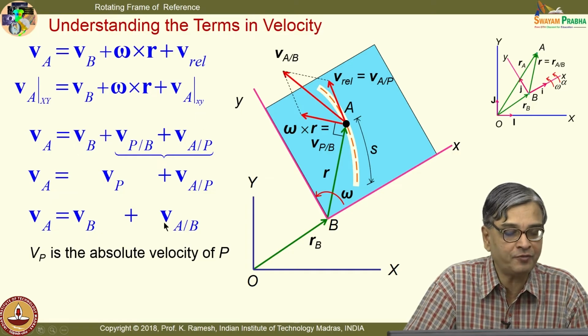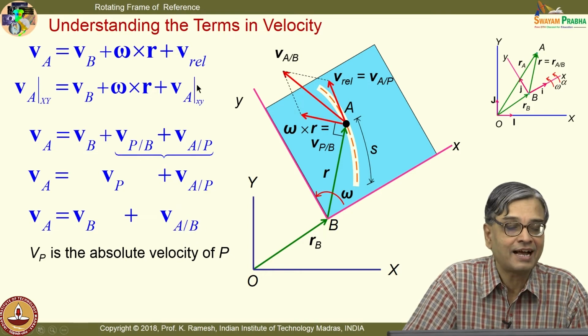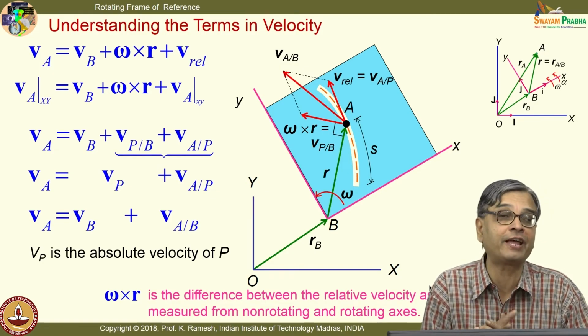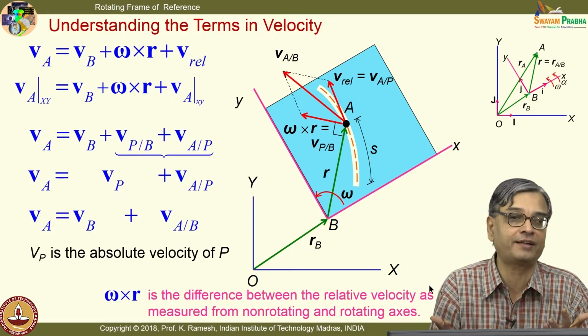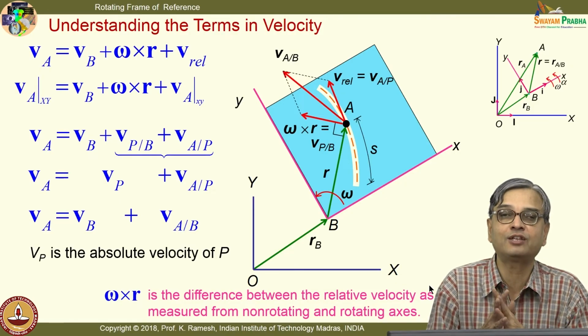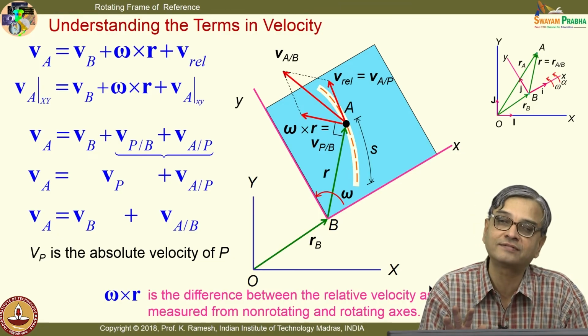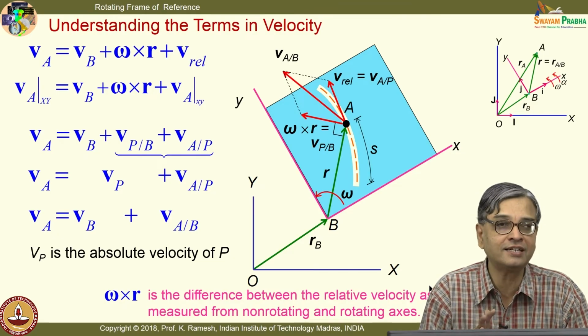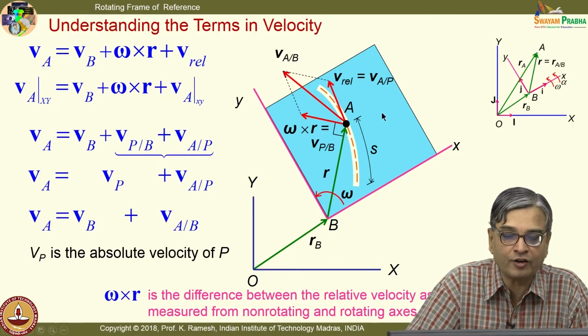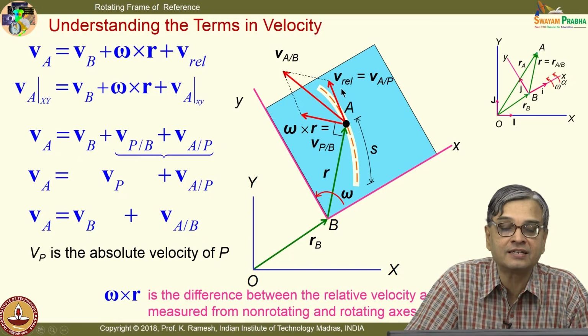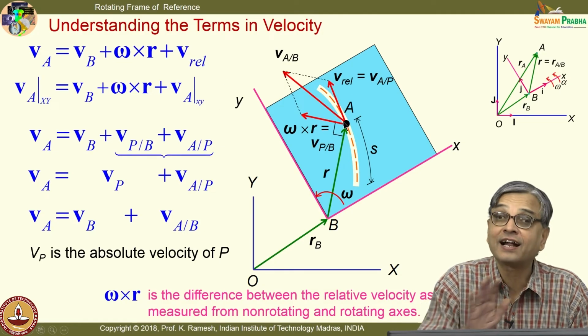So, what is the difference between a translating axis and a rotating axis? That is nothing but omega cross r. The person sitting on the rotating frame misses this quantity. Whenever I use something, there are advantages, there are also disadvantages. The advantage is a person sitting on the rotating frame would be able to observe and measure this Vaxy comfortably.